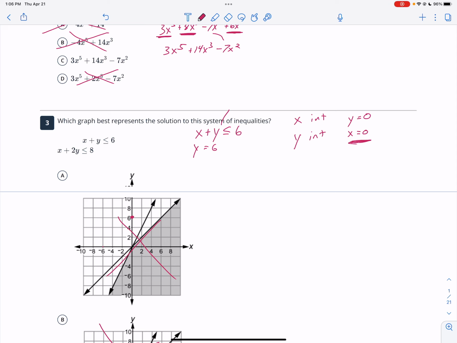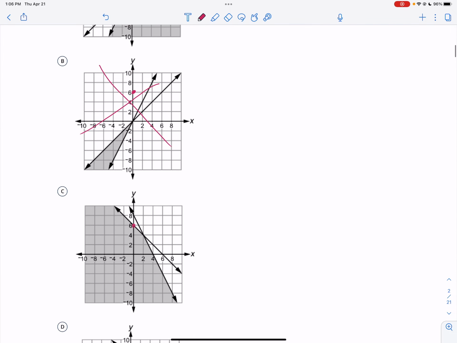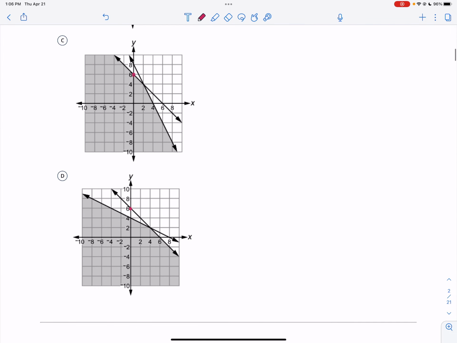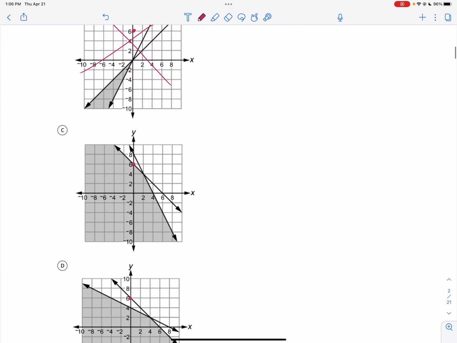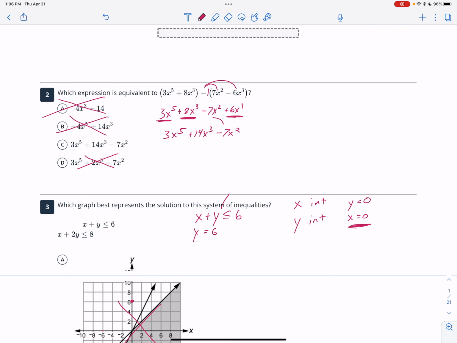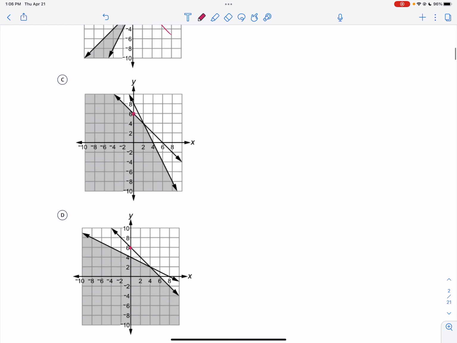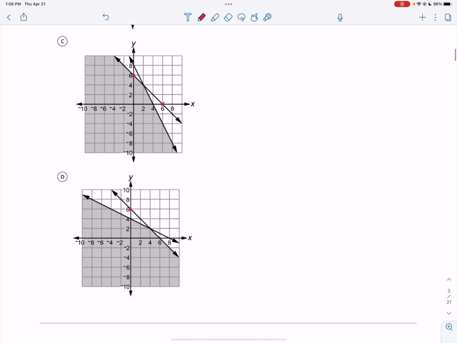And for my x-intercept, y equals 0. So if I set y equals 0, I can see where my x-intercept is. This one does work because when I set y equal to 0, x has to be 6. So that's clearly on there, and that's clearly on that same line. So it seems like this is that first line.